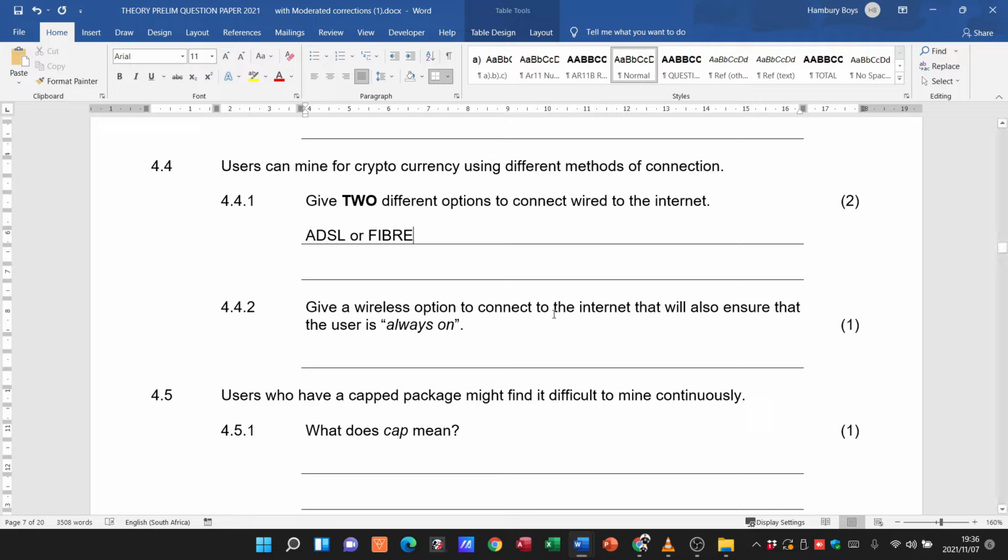Give a wireless option to connect to the internet that will ensure that a user is always on. Well, the only one we can use is our cellular. With cellular, having data on our phone means we can connect anywhere we are. Because if you've got a little satellite dish at home, you've got to take that dish with you wherever you are to be able to have a connection.